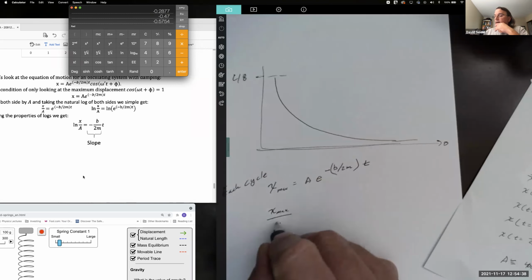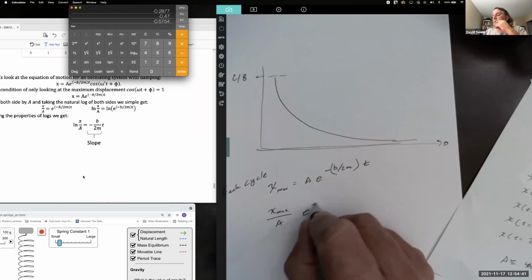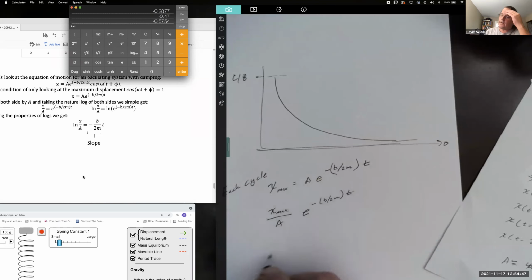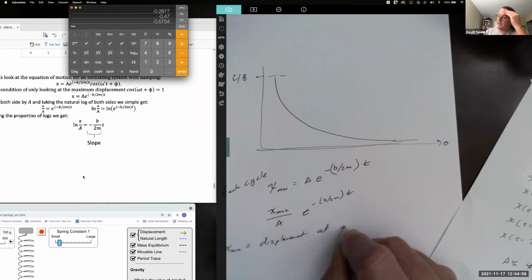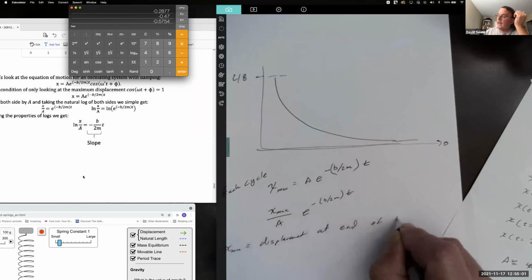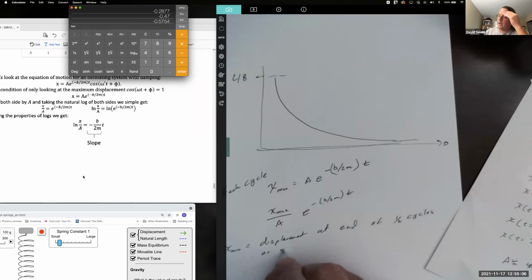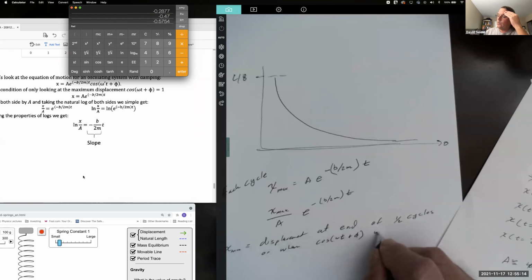Okay, so X max over A equals e to the minus b over 2m t. So X max, remember, is equal to displacement at the end of half cycles, or when cosine omega t plus phi would equal 1.